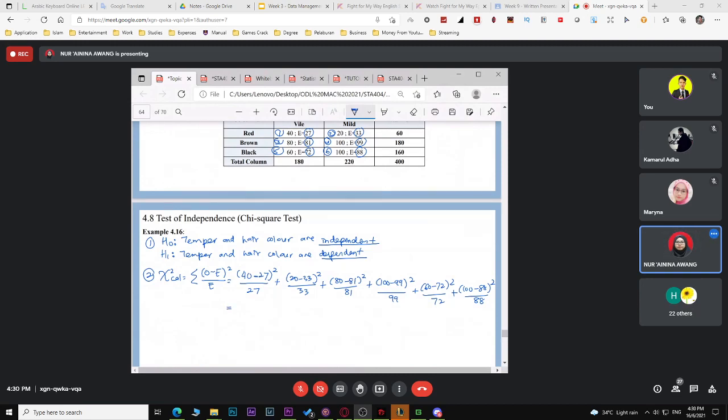And then you need to find the value for this one. So what will be your value for your chi-square calculated? If you have 6 values, you need to list all the values, and then you find the final answer.